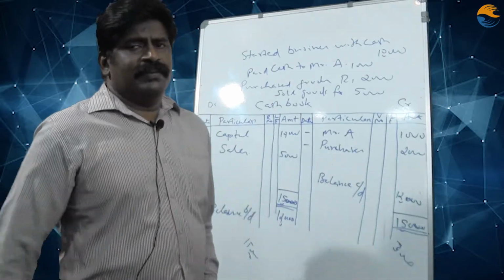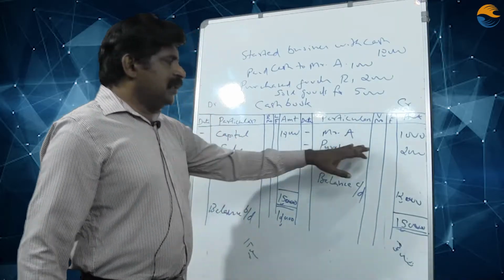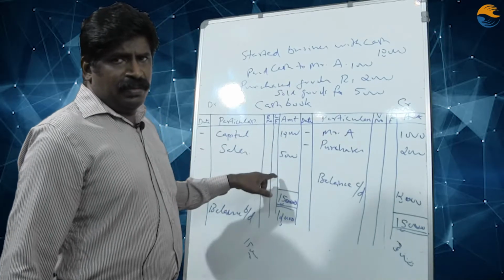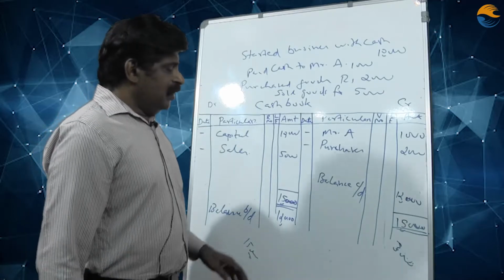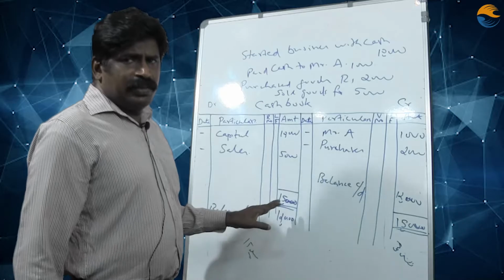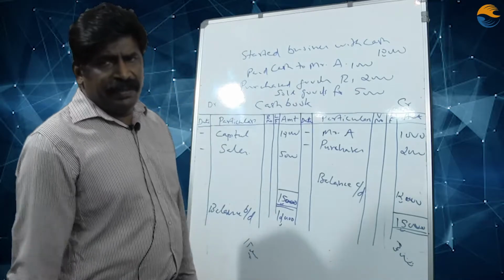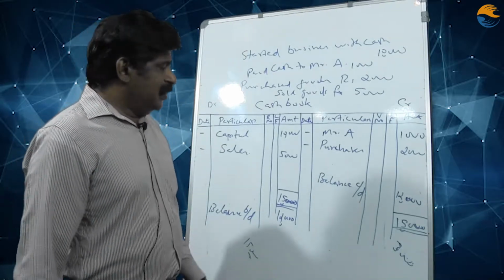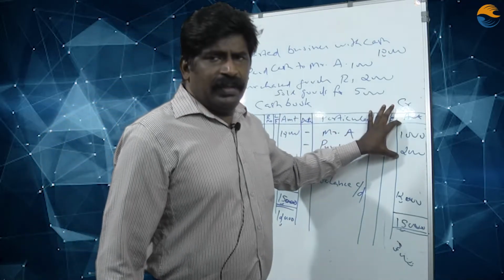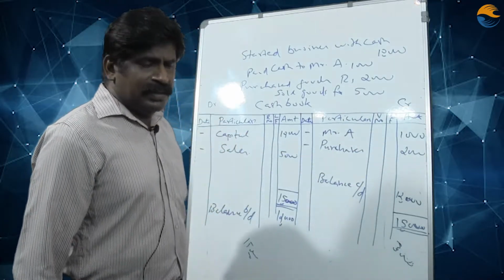Consider both the sides and find where is the highest total. When we considered both the sides, this amount column shows the highest total, and we wrote the total amount here, and the same total should be shown on the other side also. And then find the difference between the debit and credit totals. Debit total it was 15,000 and credit total it was 3,000. 15,000 minus 3,000, that's the difference.